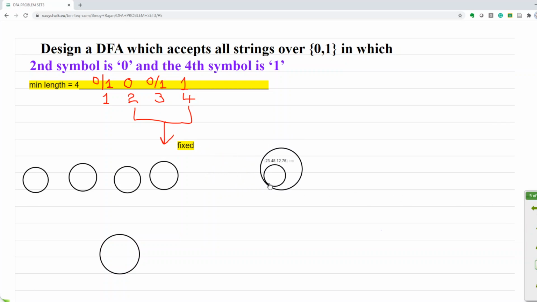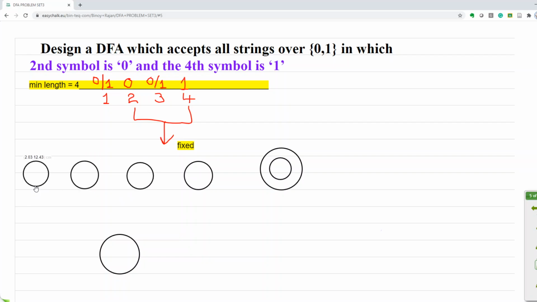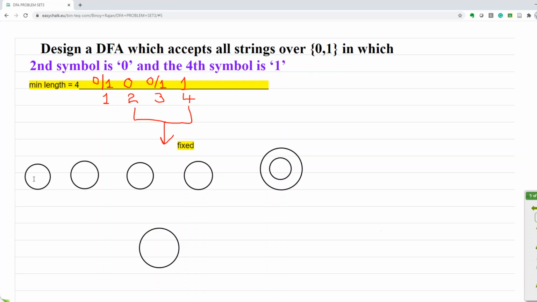So this is our Q4, this is our Q3, Q2, and Q1 state, and this is our dead state. Now let's label the states. So it's Q0, and this is Q1, this is Q2, this is Q3, and the next is Q4.